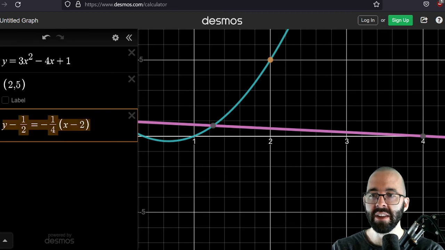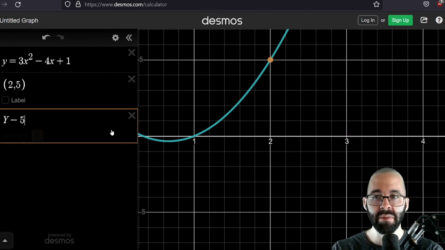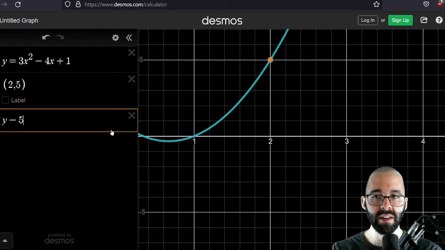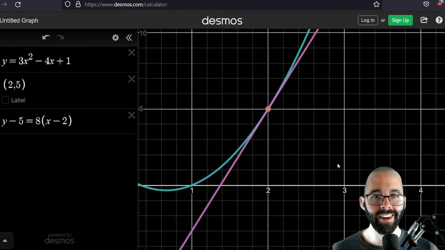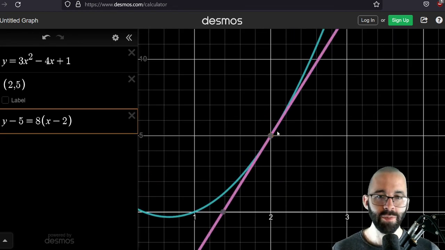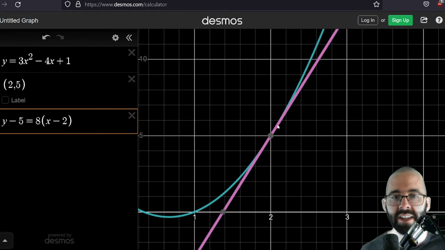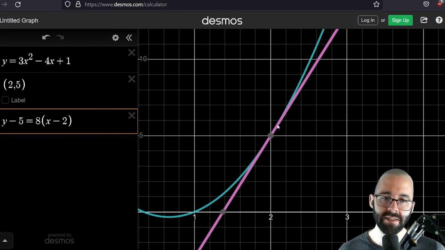And then we found that the equation of the tangent line is y minus the y coordinate equals the slope, which we found was 8, times x minus the x coordinate, which is 2. Beautiful.